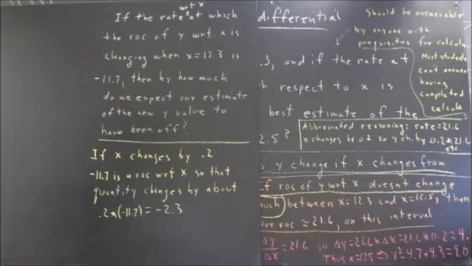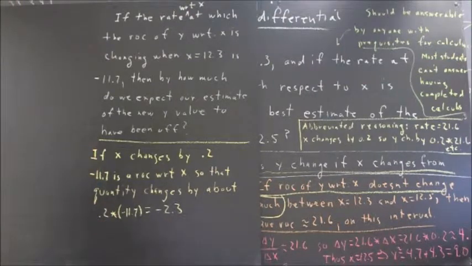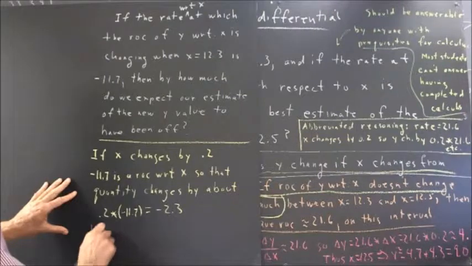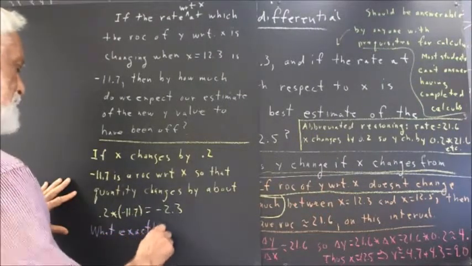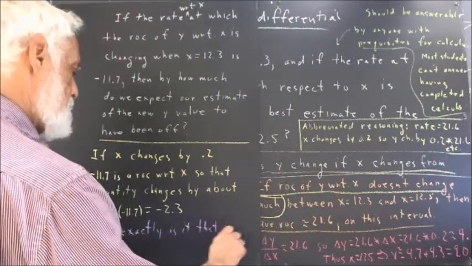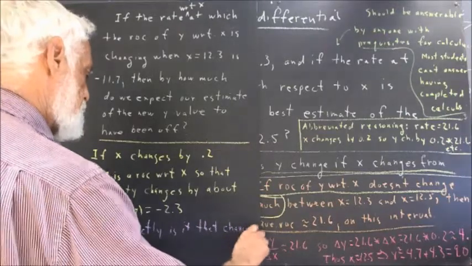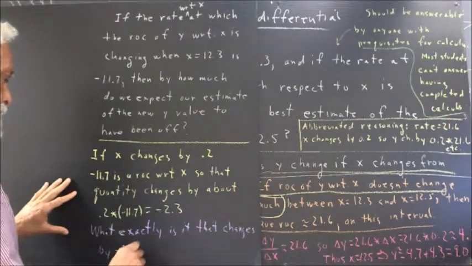Okay, so now what is it that changes by negative 2.3? We want to be real clear on that. So the next question is, what exactly is it that changes by negative 2.3?